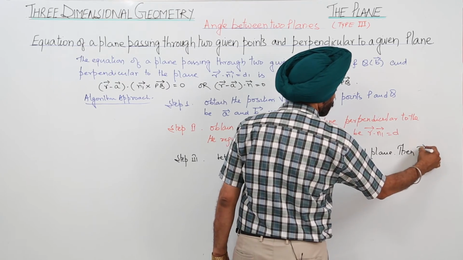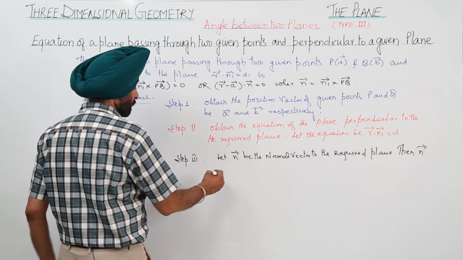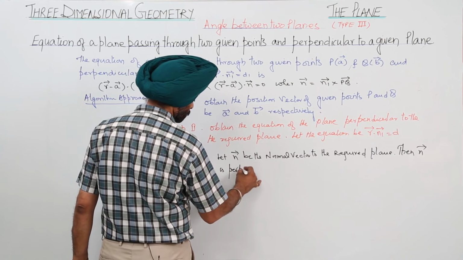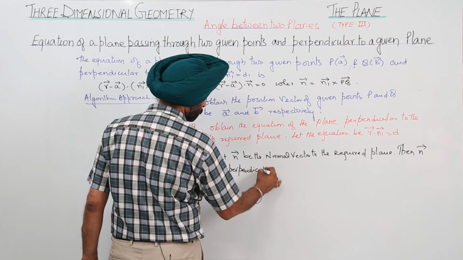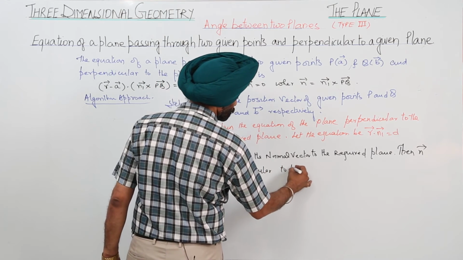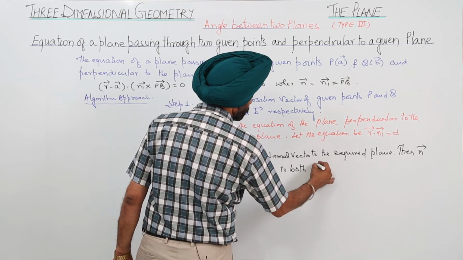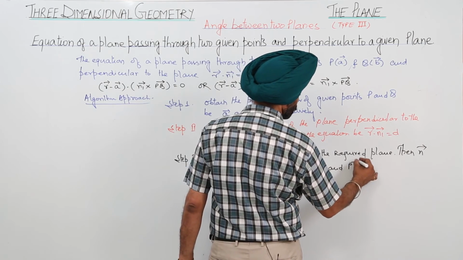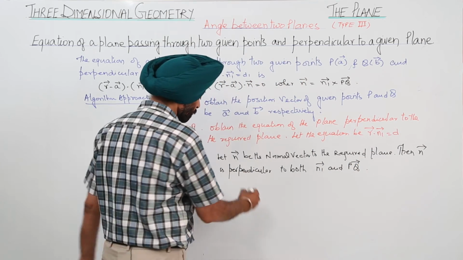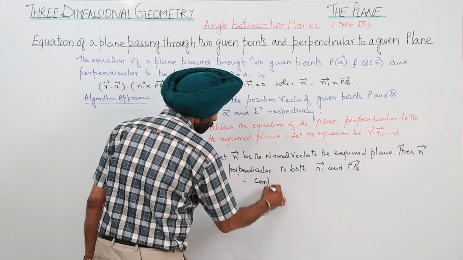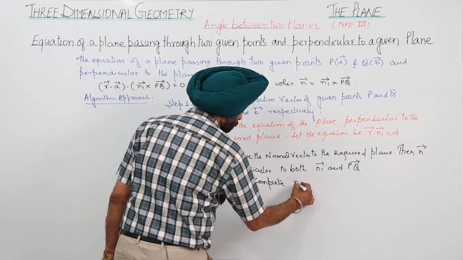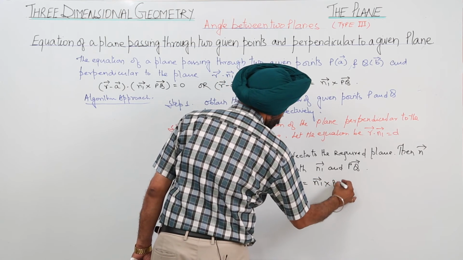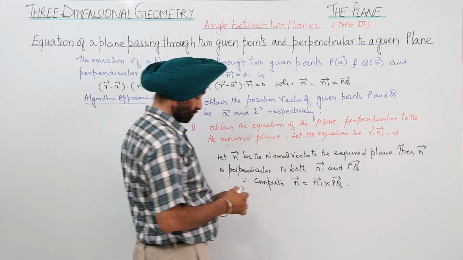Then vector n is perpendicular to both vector n1 and vector pq. Therefore, compute vector n is equal to vector n1 cross product vector pq.